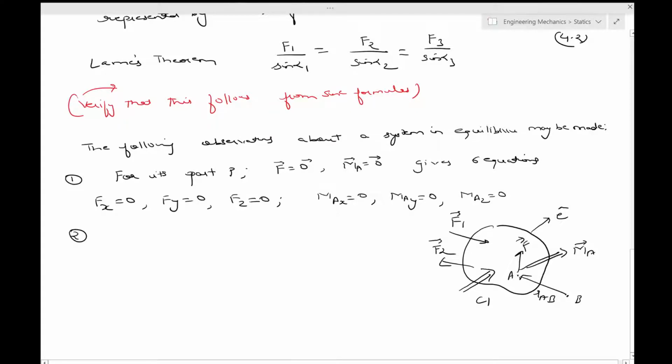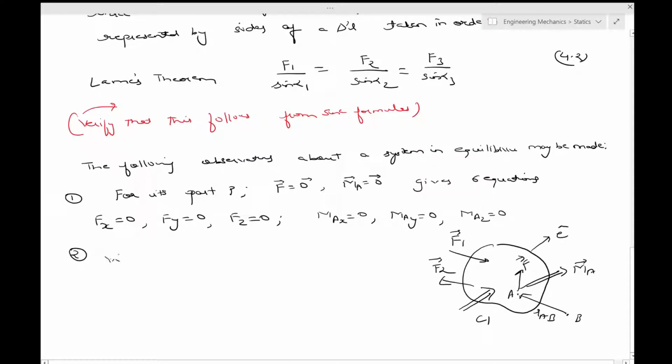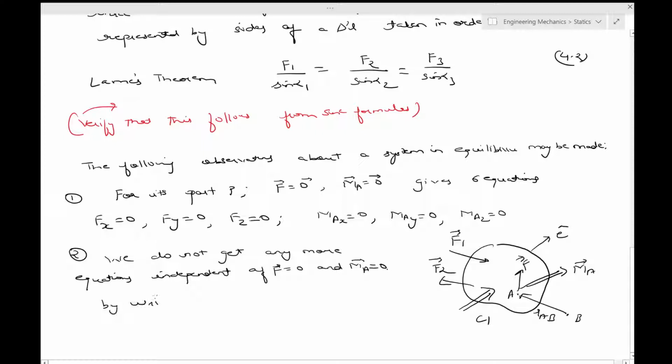Which is that we do not get any more equations independent of F is equal to 0 and MA is equal to 0 by writing, say, MB is equal to 0.